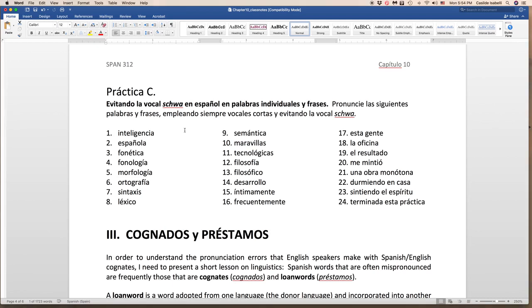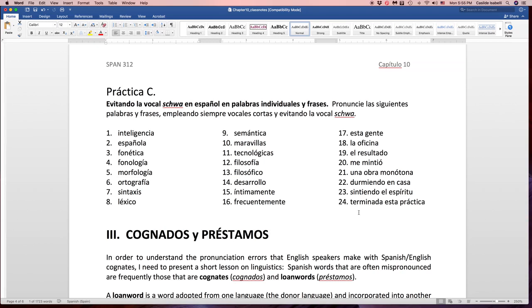Inteligencia, española, fonética, fonología, morfología, ortografía, sintaxis, léxico, semántica, maravillas, tecnológicas, filosofía, filosófico, desarrollo, íntimamente, frecuentemente, esta gente, la oficina, el resultado, me mintió, una obra monótona, durmiendo en casa, sintiendo el espíritu, terminada esta práctica.